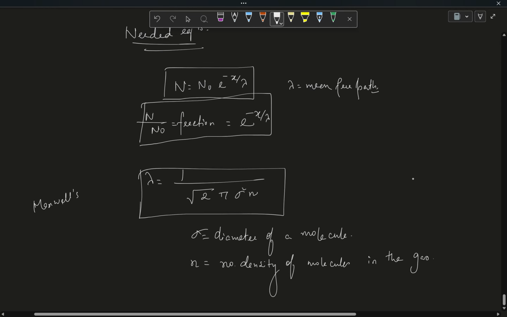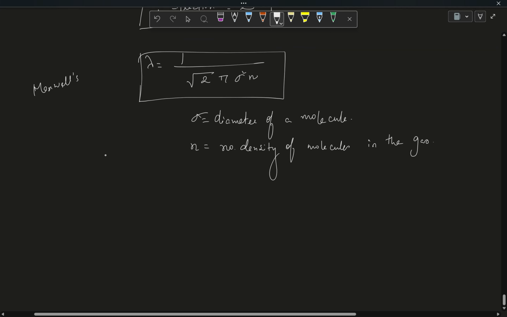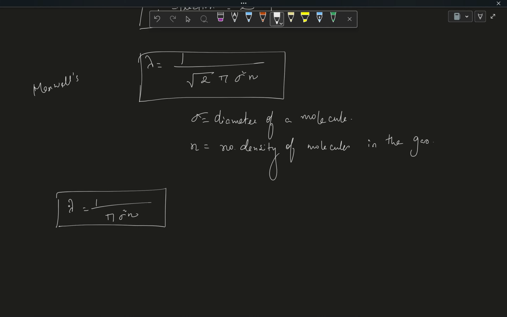Sometimes a rough expression of lambda is also written as 1 over pi sigma squared n. This is not Maxwell's expression. This is not totally accurate. This root over 2 multiplied factor is more accurate in the real case, but this is another rough estimation of mean free path. If the molecular radius is given, then sigma you have to calculate as 2 times r, right?